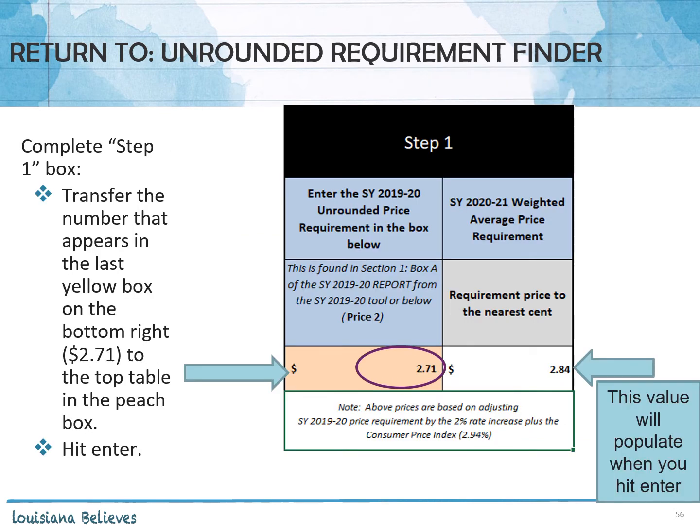Next, we will complete the peach-colored Step 1 box. We will transfer the number that appeared in that last yellow box on the bottom right of $2.71 into the peach-colored box in Step 1 and hit Enter. When you hit Enter, the table will auto-populate the requirement price to the nearest cent. Here we see that it's $2.84.